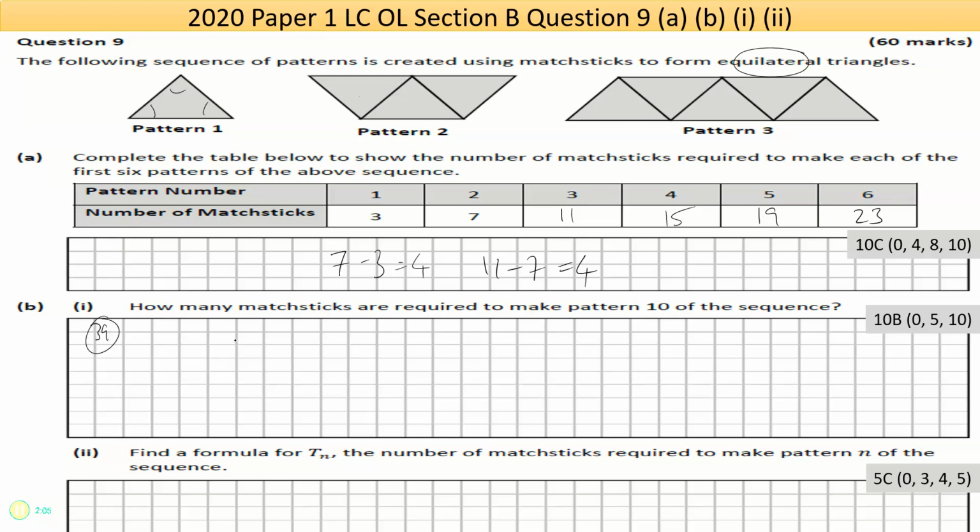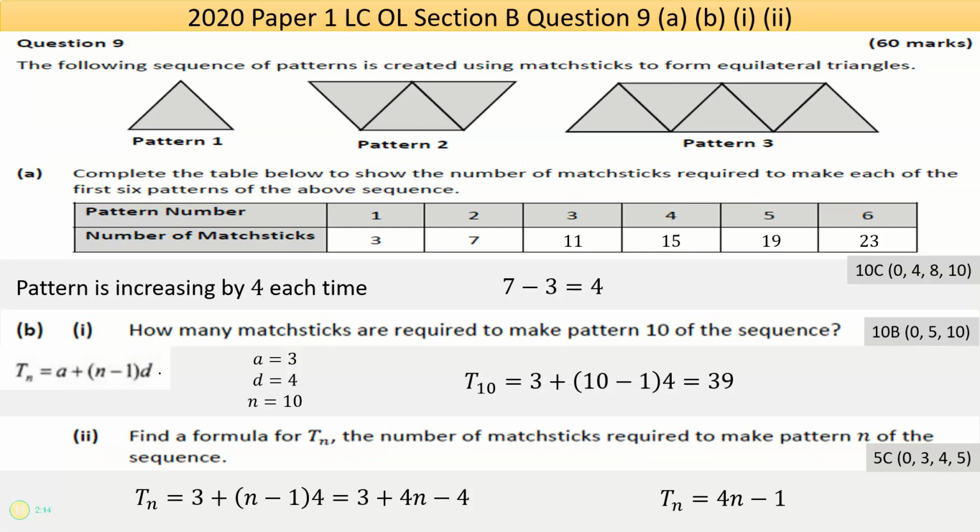Or I could use this formula. The total number of matchsticks is equal to... I have it done out. It's the formula there in the maths tables in the section on sequences and series. So that's your total number of whatever in the pattern. That's your first value.